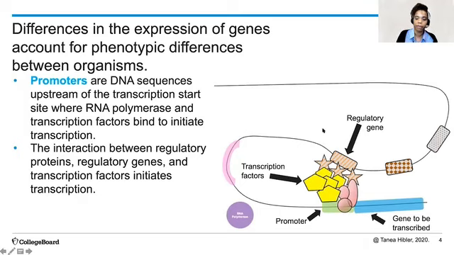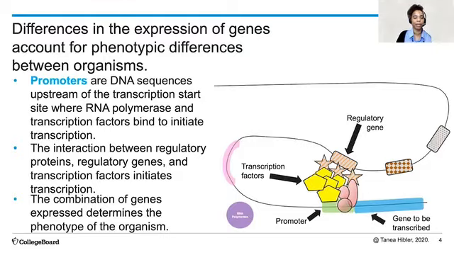And so you have the DNA sequence, you have the regulatory gene, and you have transcription factors along with the promoter. And together, those interactions are going to determine whether that gene is transcribed. The combination of genes expressed determines the phenotype that an organism will have.